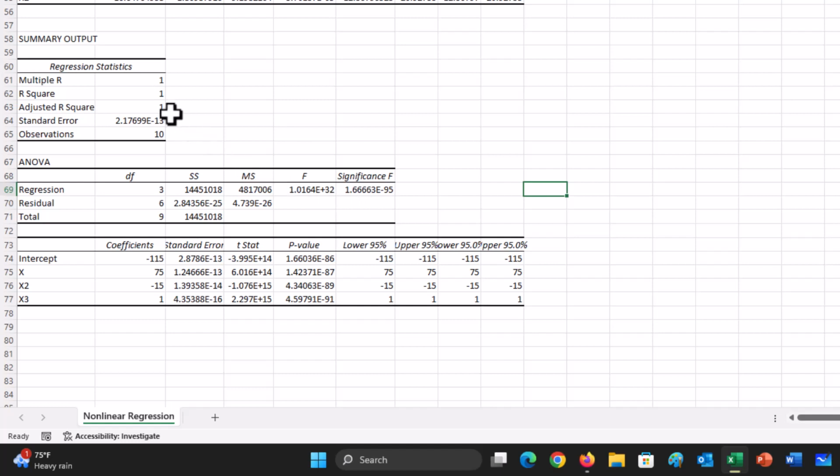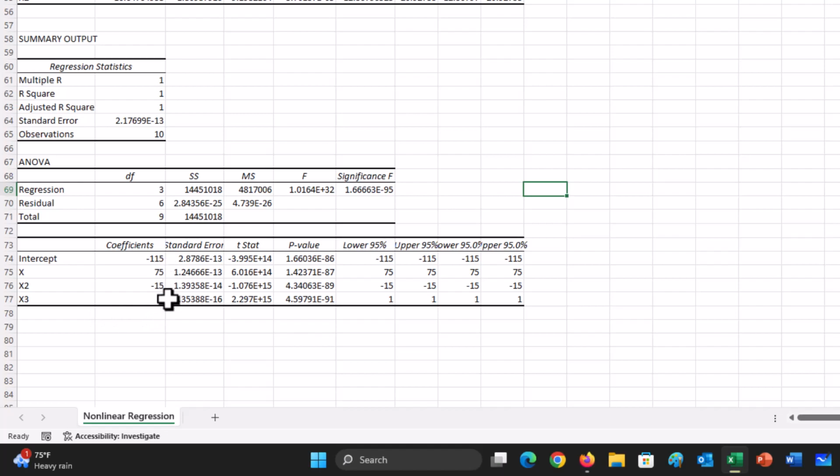Look at the R squared. It's 1 or 100%. Well, why? Because I had actually generated the data using the nonlinear function with a power of 3, and I didn't include an error term. And we look at the regression function equation: minus 115 plus 75x minus 15x squared plus x to the power of 3.